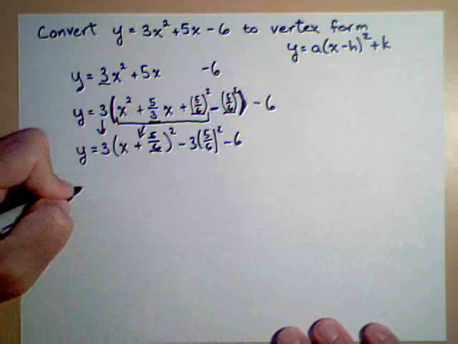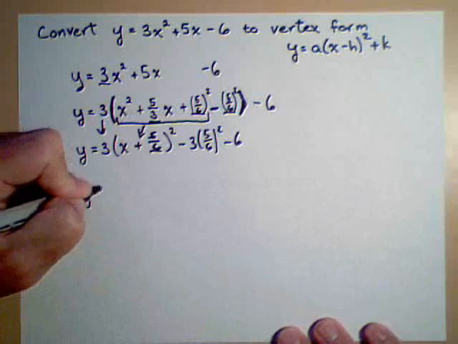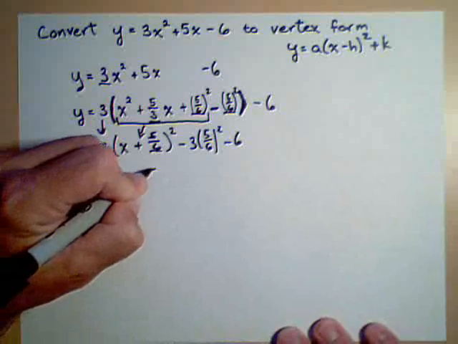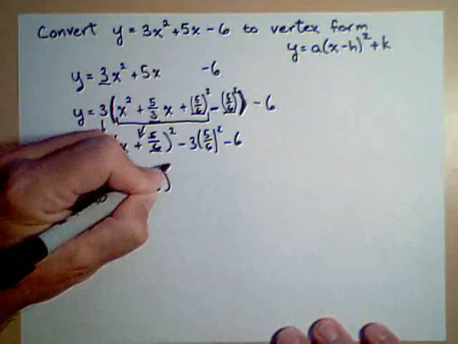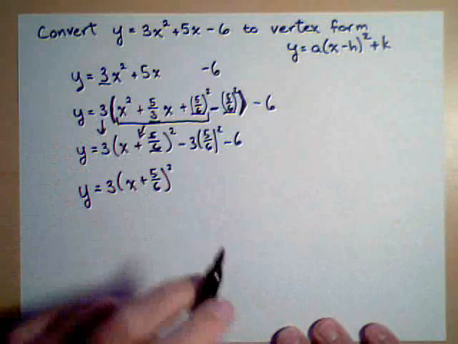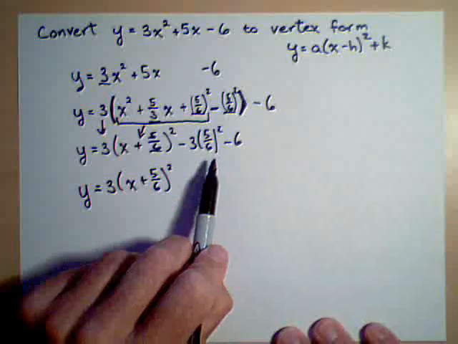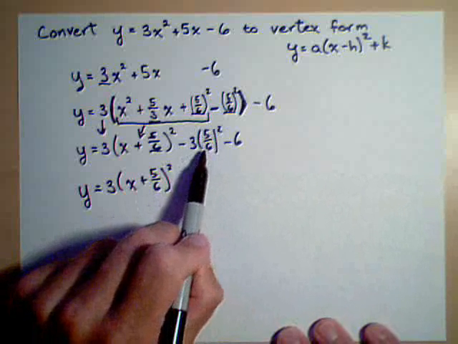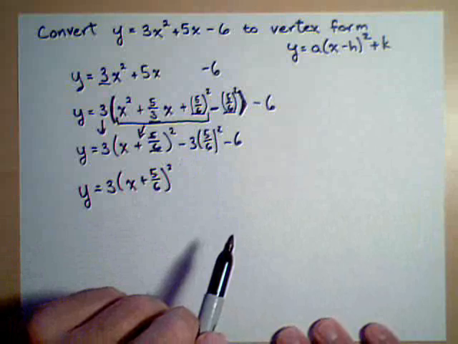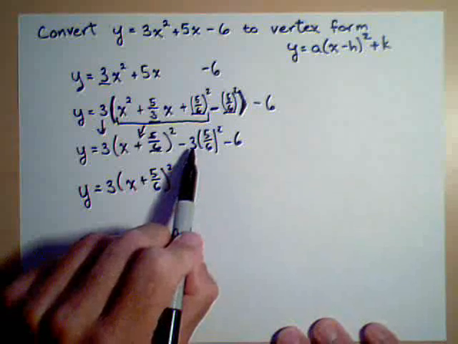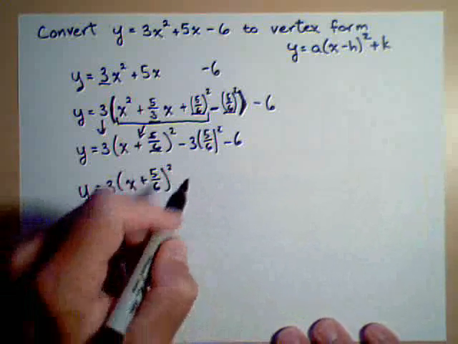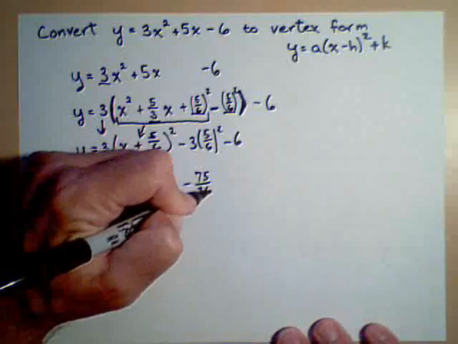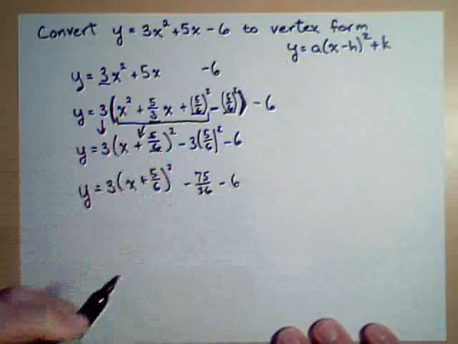Now we can begin to put this thing together. So y equals 3 times x plus 5/6, the quantity squared. There's our completed square. Now we have to take care of the leftover that we introduced. So 5/6 squared is 25 over 36. 25 over 36 times 3 is going to give us 75 over 36 minus 6.